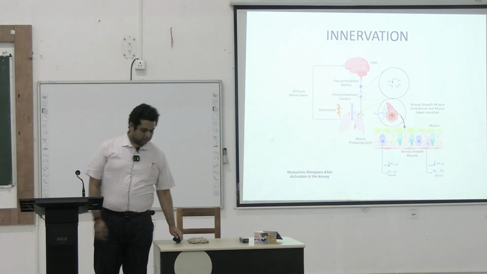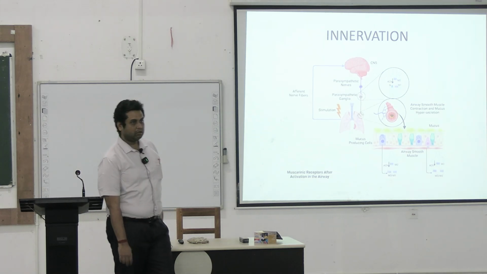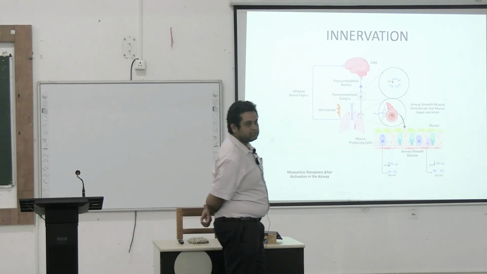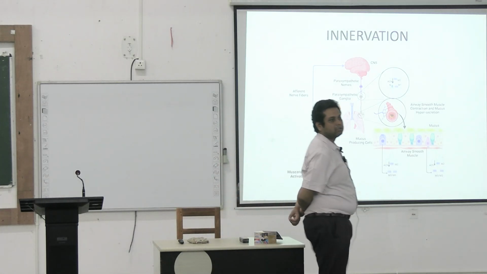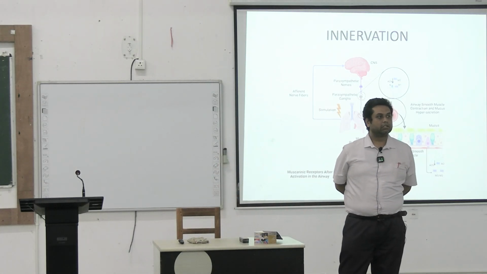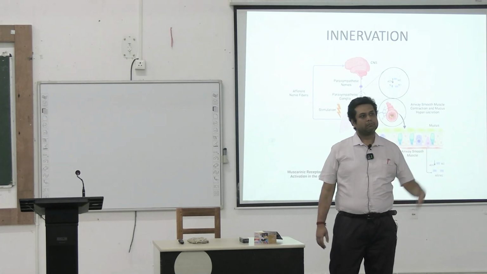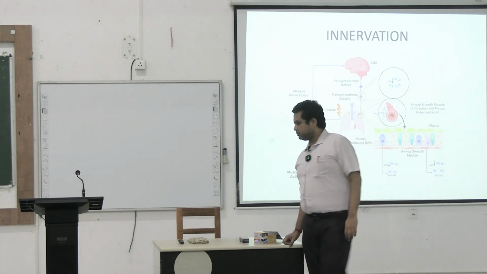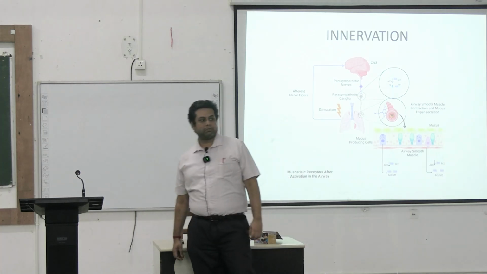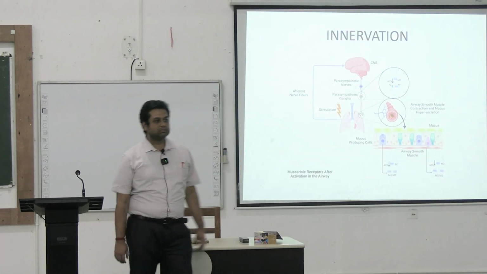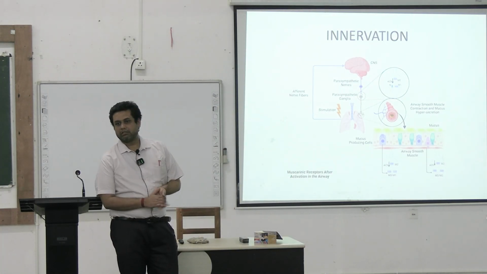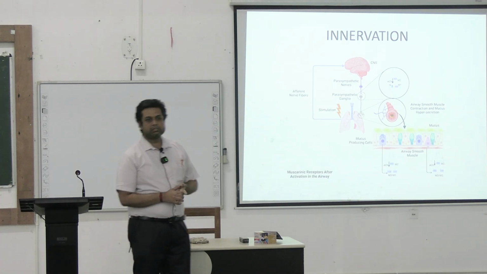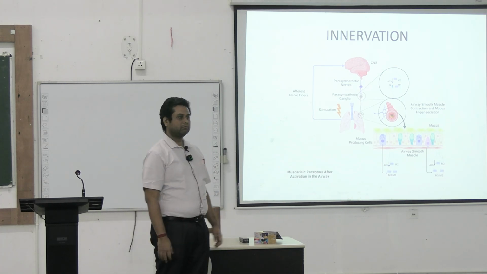Then we come to innervation. The respiratory system is innervated by the parasympathetic system. The respiratory system has only parasympathetic innervation, no sympathetic innervation. Which nerve? Vagus.